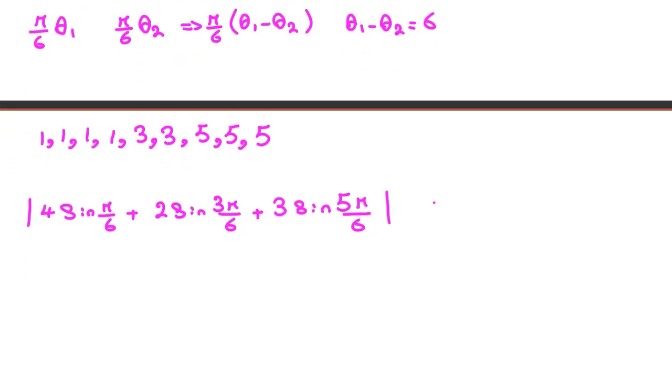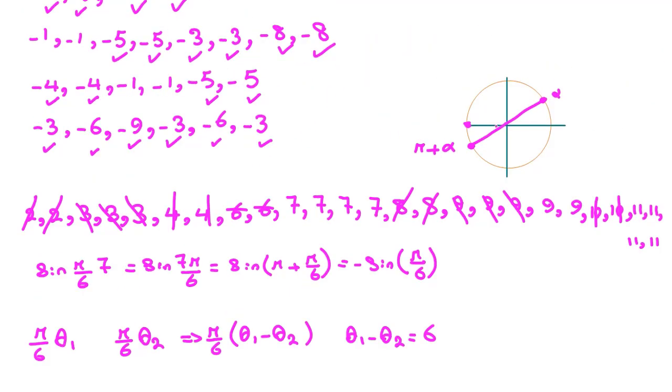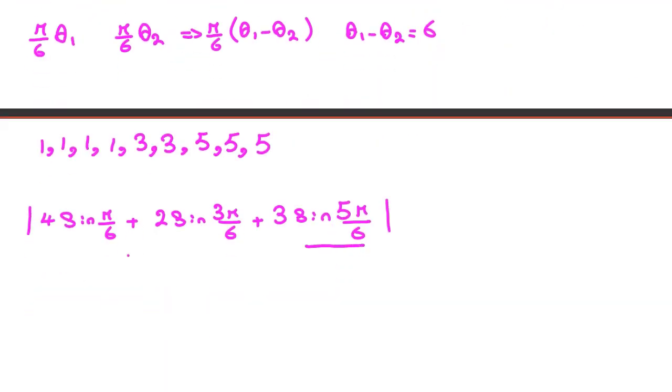Here, when we want to calculate sine of pi over 6 and 5 pi over 6, if we have 180 or pi minus alpha, their sines are equal, their cosines are negative of each other. So here we know sine pi over 6 and sine 5 pi over 6 are equal. So we can conclude it is 7 sine pi over 6 plus 2 sine 3 pi over 6, which simplifies to pi over 2.